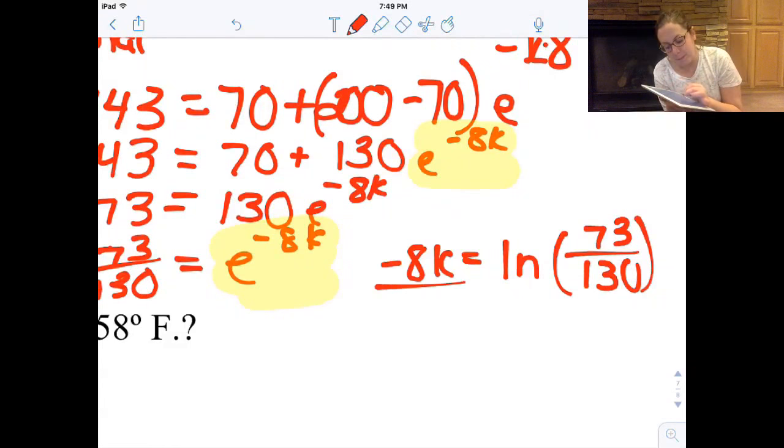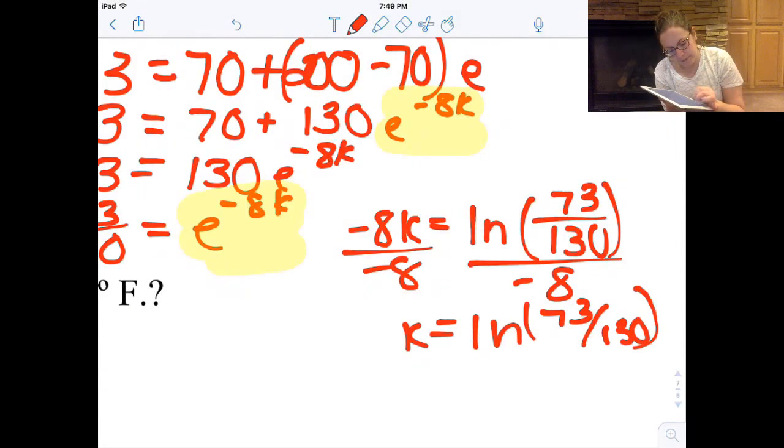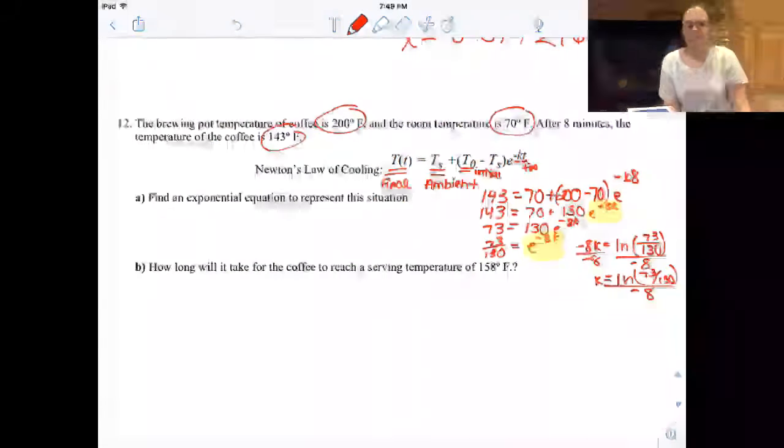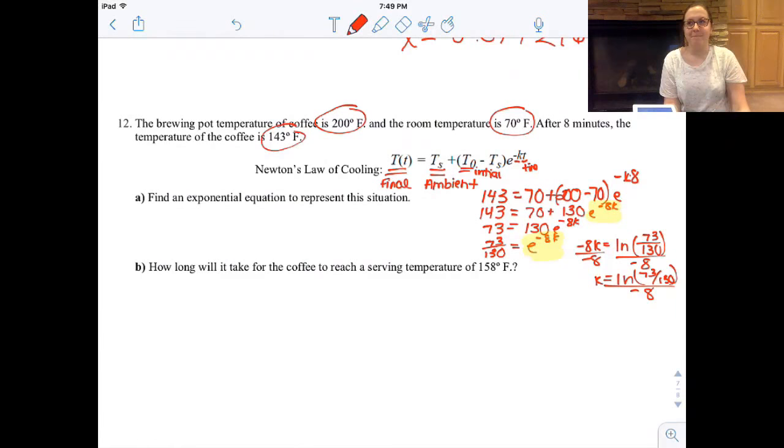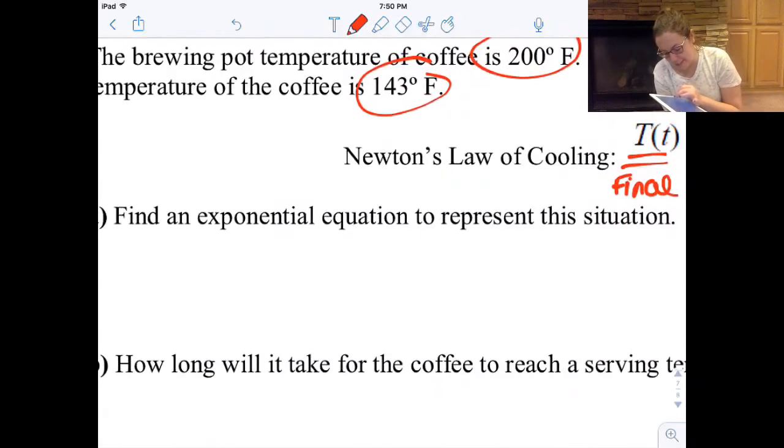Sorry, guys. So my equation here would be T of t equals, and then sub in everything that we know. We know it's 70 plus 200 minus 70, which you could leave that way, or you could put as 130, e to the negative k, where k is this, ln 73 over 130 over negative 8, times t.